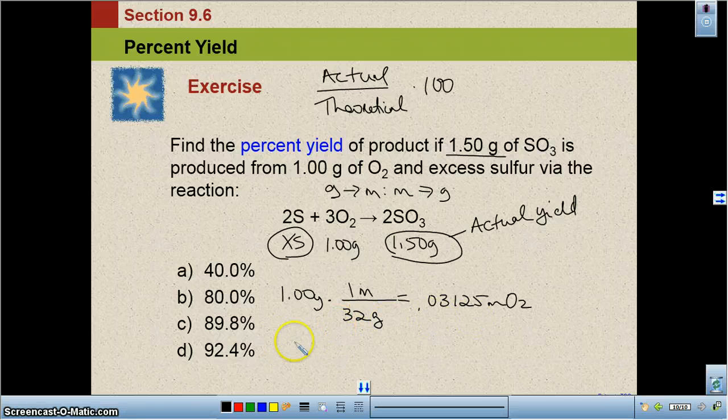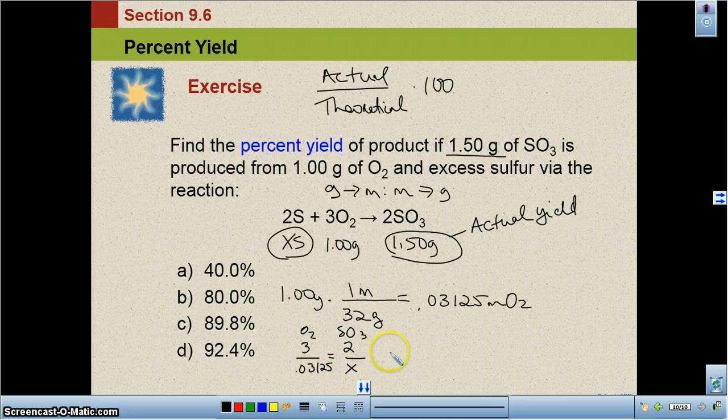So we have 0.03125 moles of oxygen, and I need to see how many moles of SO3 I'm going to produce theoretically. The balanced reaction says for every 3 moles of oxygen, I should produce 2 moles of sulfur trioxide. I have 0.03125 moles of oxygen.